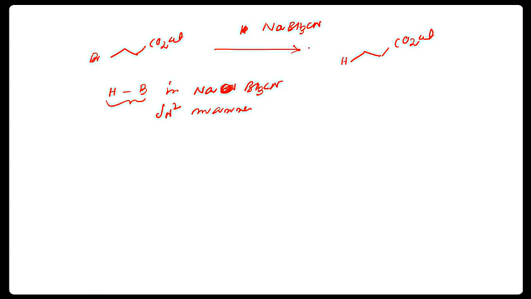This is not normally what we do. The one rule we add is that sodium cyanoborohydride, NaBH3CN, removes what? Iodo, bromo, etc. So just do not get confused.